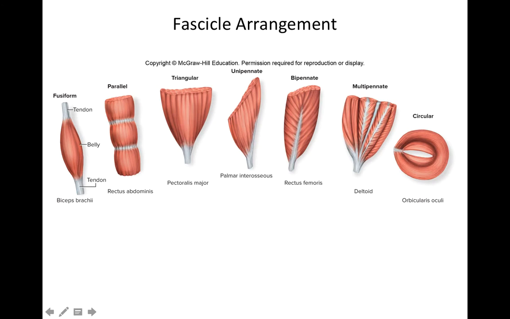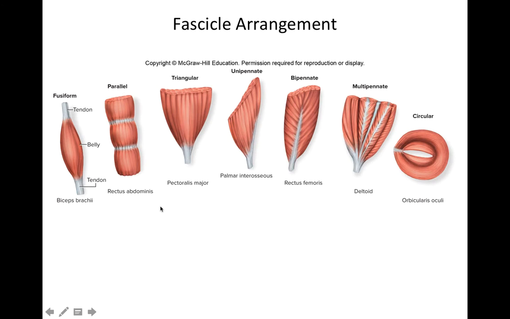Okay, so let's talk about how the fascicles are arranged in a muscle. We have multiple different ways to do this. We have what's called fusiform. So this basically has kind of a thicker middle where we call the belly, and then it thins out on either end. So biceps brachii is a good example of fusiform. Parallel means all of the muscle fibers are running in a very straight manner.